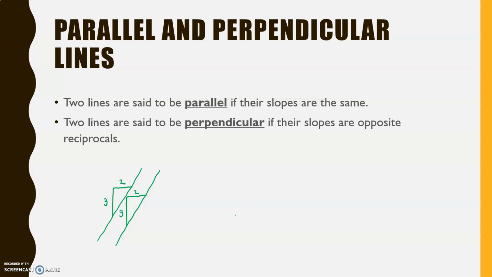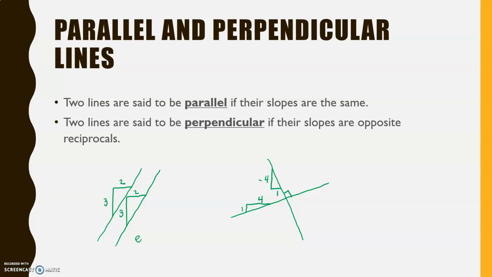And two lines are said to be perpendicular if their slopes are opposite reciprocals. When we graph these, if we look at the angles in between, it should make a 90-degree angle. If this is a slope of 1/4, then when I draw the perpendicular slope, it should be a slope of -4/1.